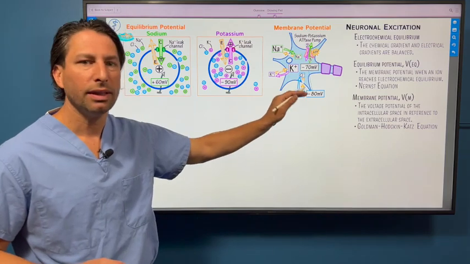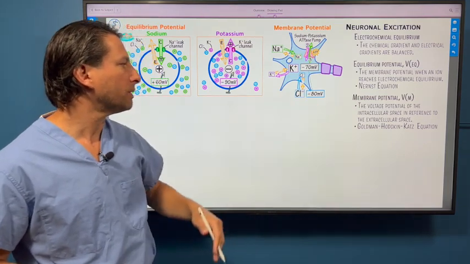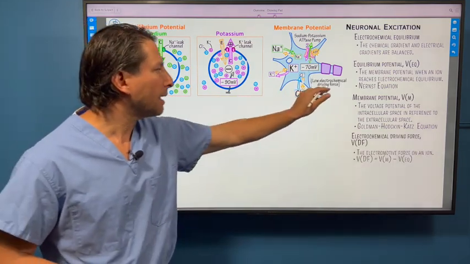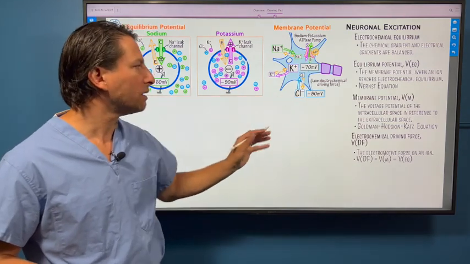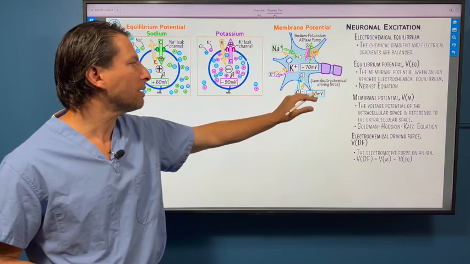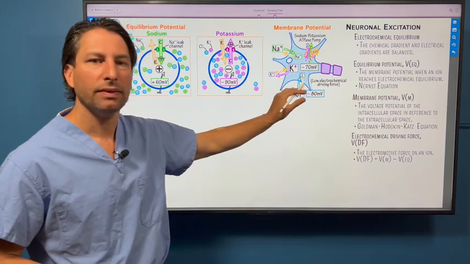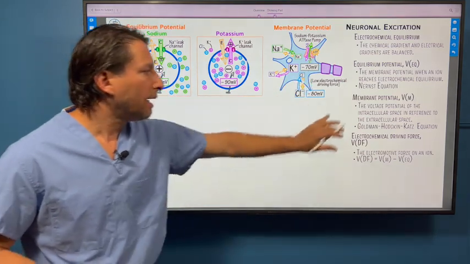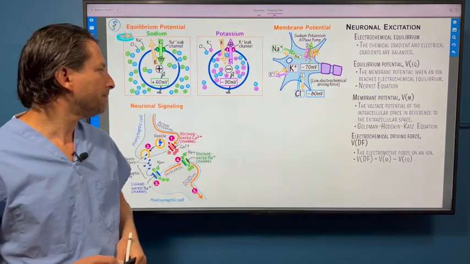Chloride has roughly, we'll call it for our purposes here, negative 80 millivolt equilibrium potential. So then there is this electrochemical driving force, which is the drive, the push that's happening based on the difference between the equilibrium potential of the ion and the overall membrane potential itself. And these concepts are further elaborated upon in the tutorial itself.